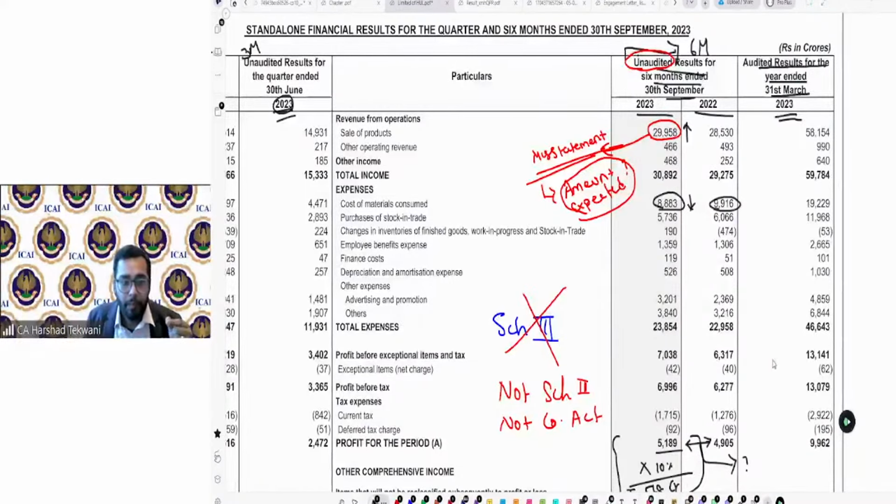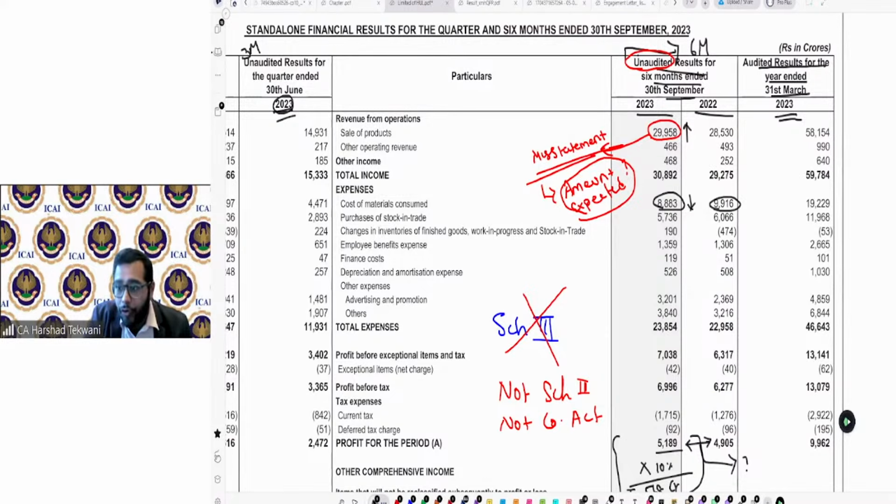So once I perform additional procedures, I'll inquire with management, I'll understand from the management, I may perform additional procedures. Now, when I talk about additional procedures, they may include different types of procedures, not only restricted to inquiry and analytical procedures.